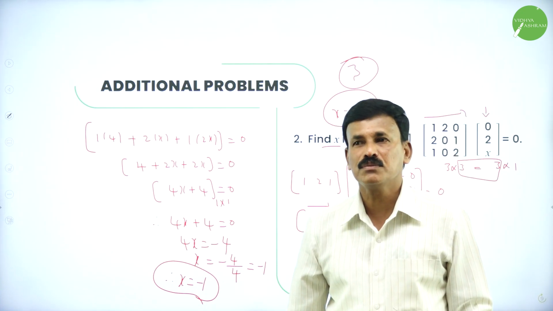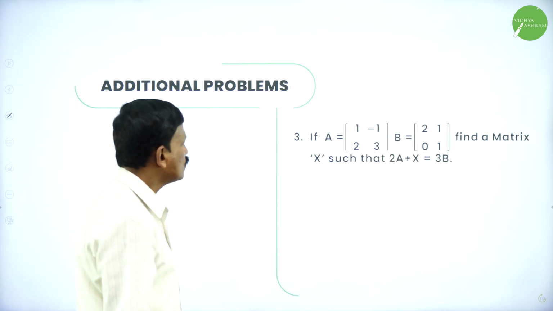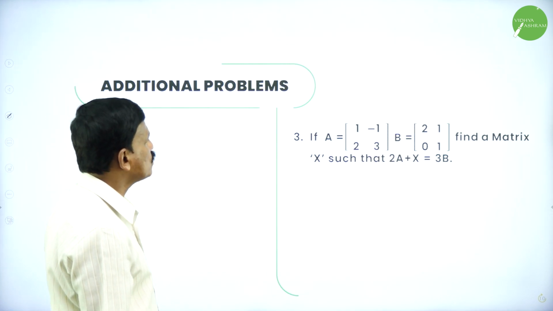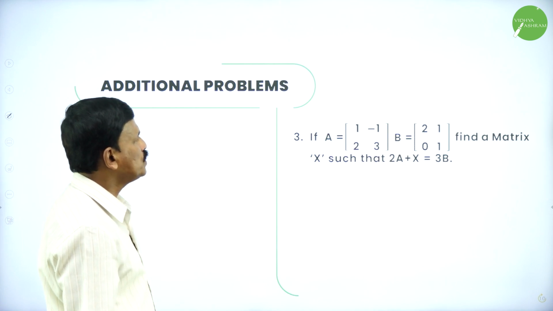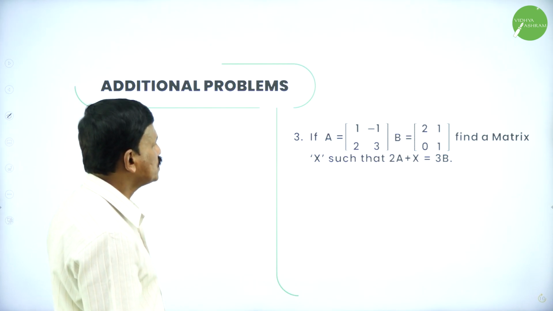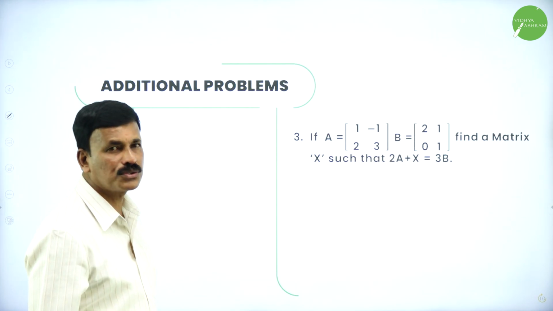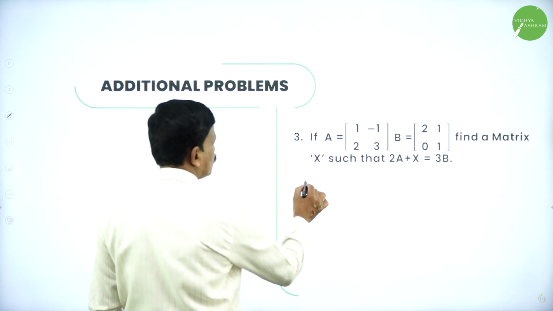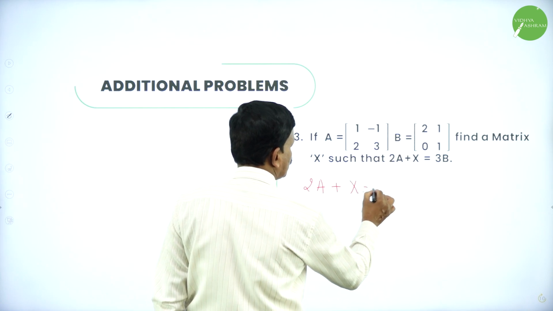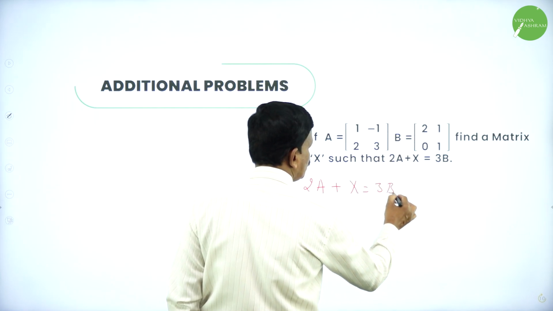Come to the next problem. We'll see the next problem. What is the next problem? This is a very important problem. If A is equal to [1, -1; 2, 3], B is equal to [2, 1; 0, 1], find a matrix X such that, what is the condition given? 2A plus X is equal to 3B. So given that 2 times matrix A plus another matrix X is equal to 3B.